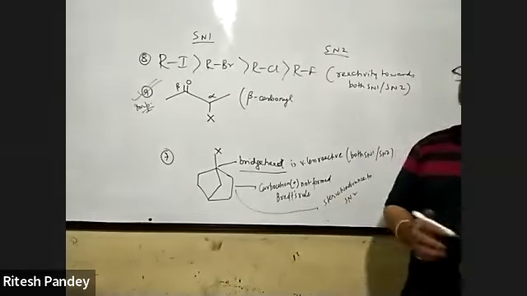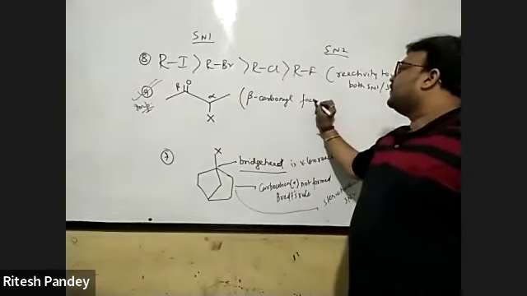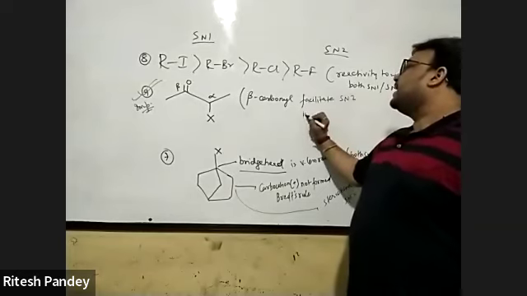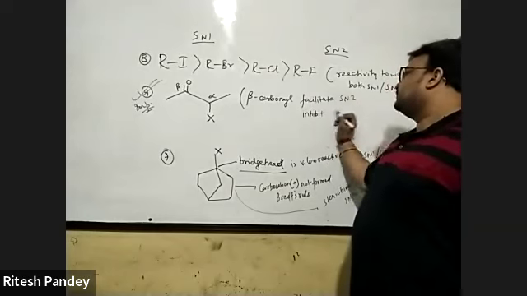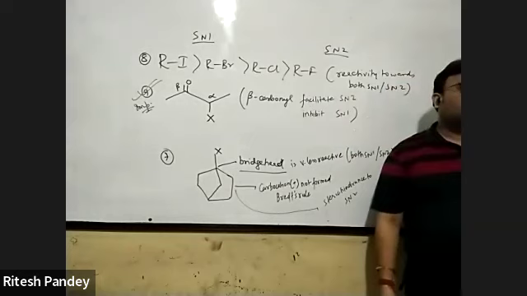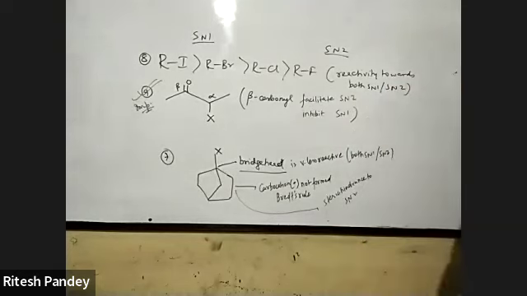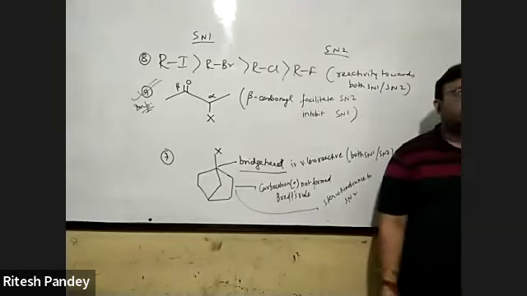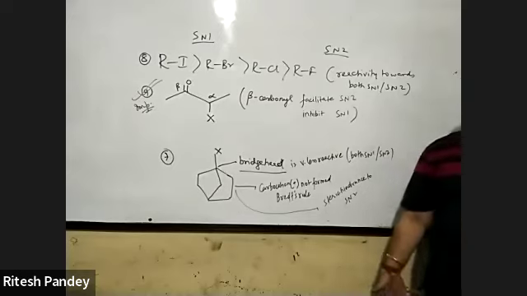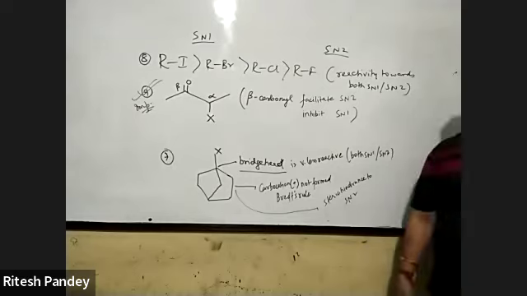A beta carbonyl will facilitate Sn2 and inhibit Sn1.